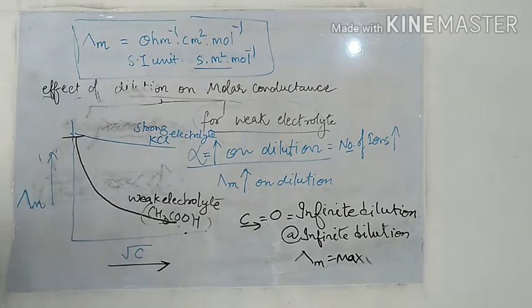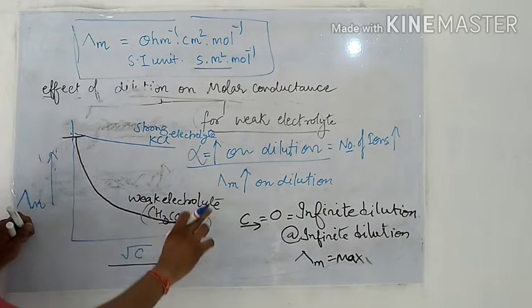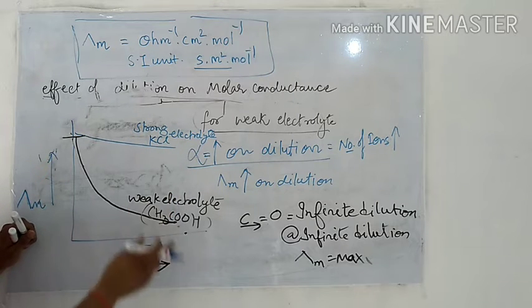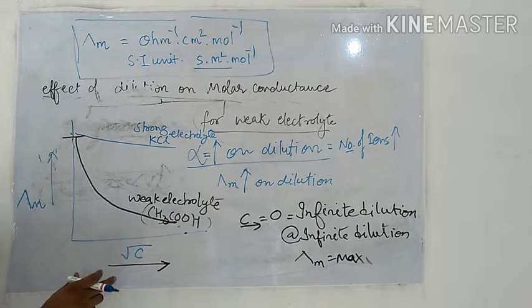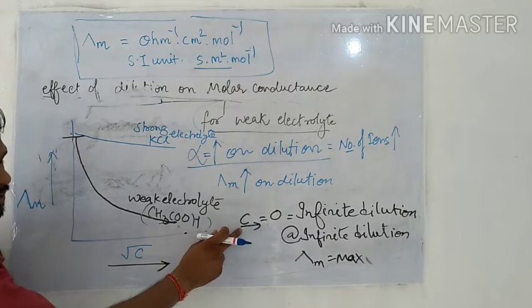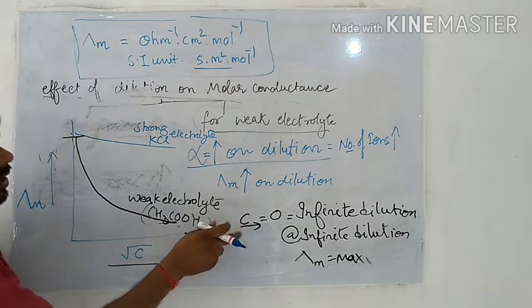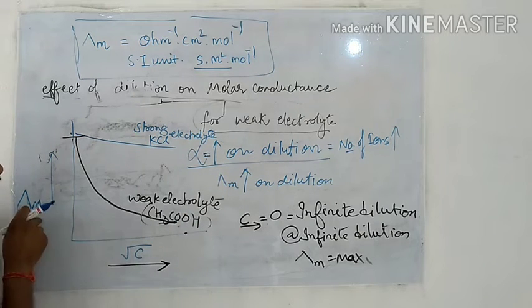So please remember, in the case of weak electrolytes on dilution, the number of ions increases because the degree of dissociation alpha increases, and that's why the conductance increases. And we can see that the lower the concentration, or the higher the dilution, the more the molar conductance increases.